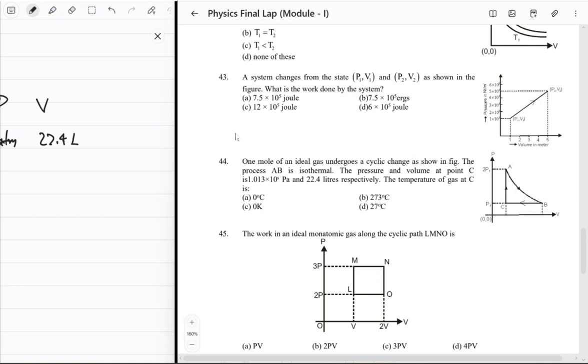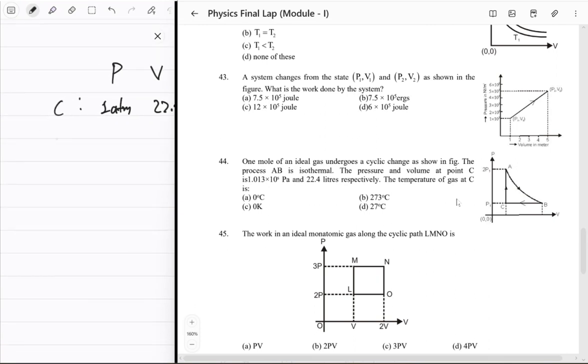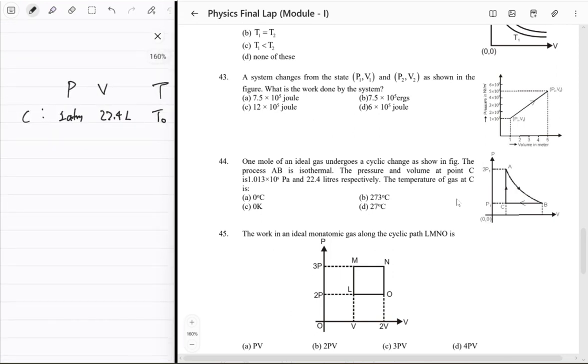Ideal gas है, cyclic process, AB is isothermal. AB is isothermal, so it went from ये state से पहले इस state पे गया, you got 2P, तो तुम्हारा जो temperature let's say है T naught. ओके, सो C से कहाँ पे जा रहा है पहले ये और ये क्या है, इसको मैं P1 बोल देता हूँ, ठीक है ना?